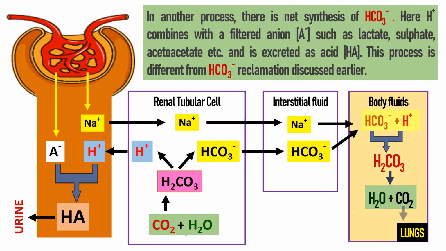It's because the hydrogen ions, in this case, combine not with bicarbonate, but with other negative ions. The end result is that protons are eliminated and bicarbonate is synthesized. We already know that there is net synthesis of bicarbonate within red blood cells. Now we know that bicarbonate is also synthesized in renal tubular cells.